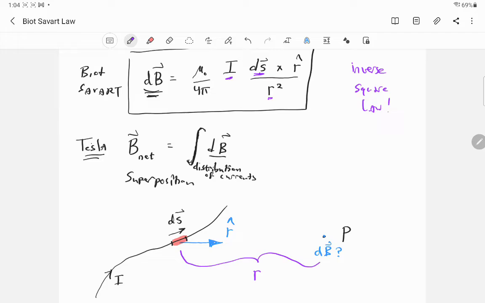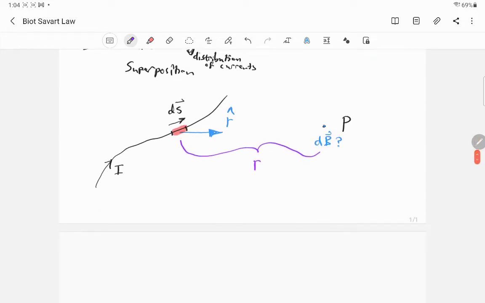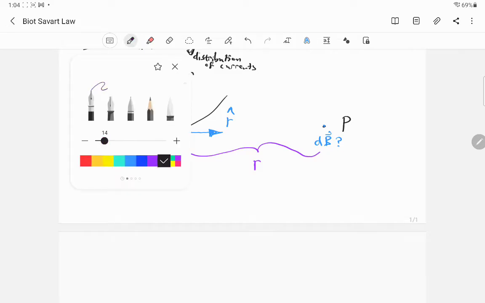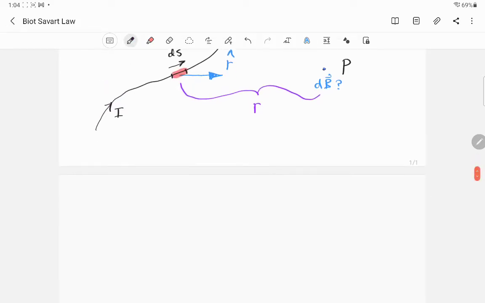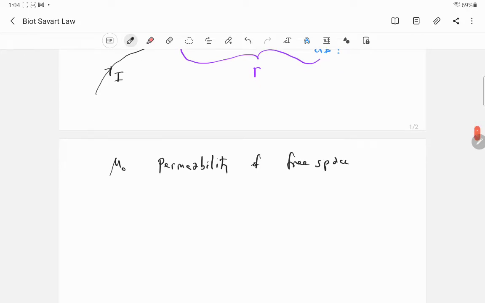Then there's a mu naught over 4 pi. So mu naught is a special physical constant. Mu naught is called the permeability of free space. Contrast this with epsilon naught, right?